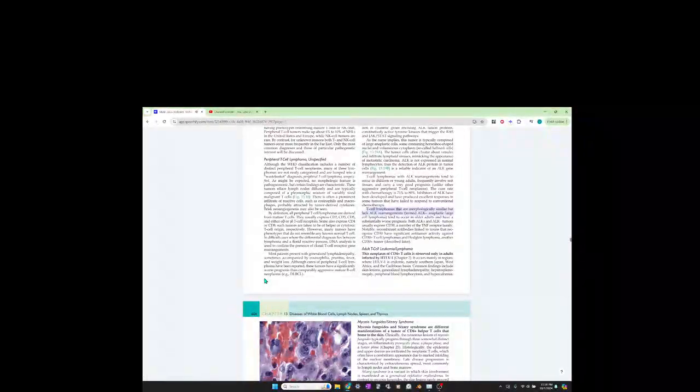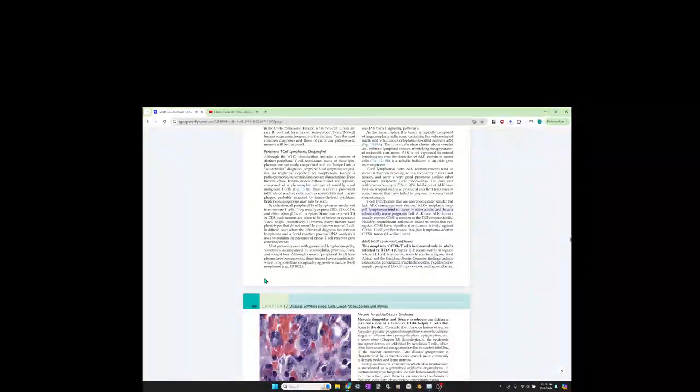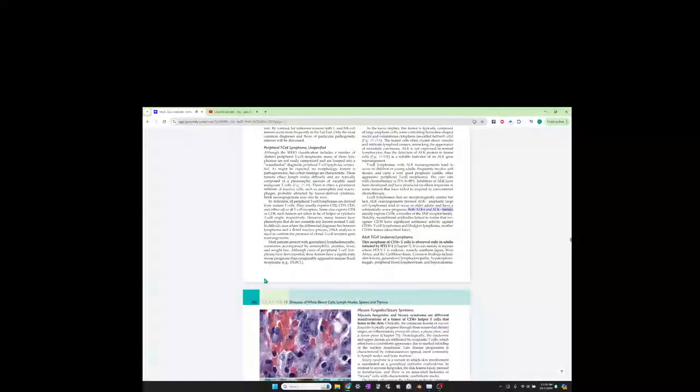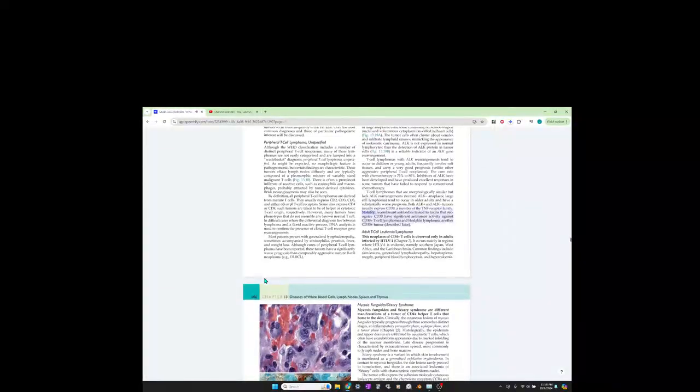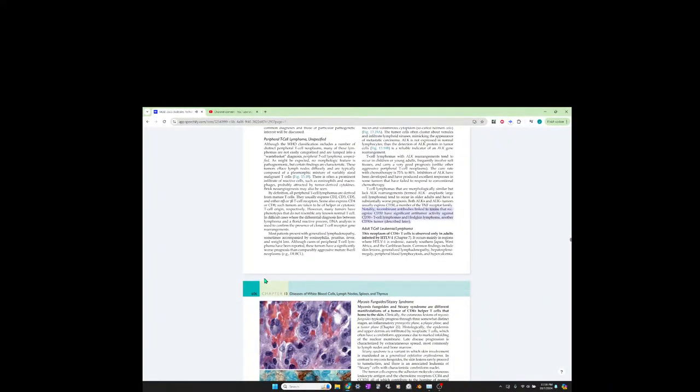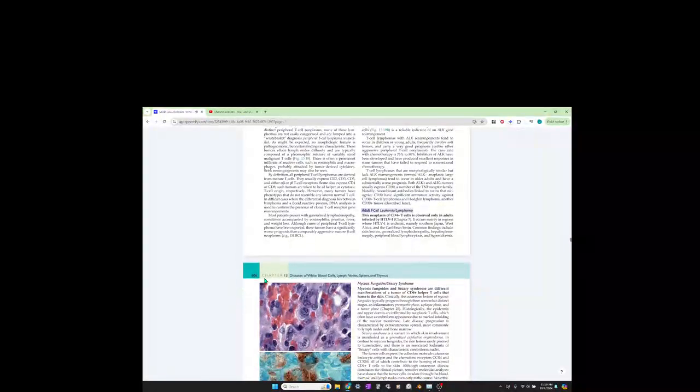T-cell lymphomas that are morphologically similar but lack ALK rearrangements, termed ALK-negative anaplastic large cell lymphoma, tend to occur in older adults and have a substantially worse prognosis. Both ALK-positive and ALK-negative tumors usually express CD30, a member of the TNF receptor family. Notably, recombinant antibodies linked to toxins that recognize CD30 have significant anti-tumor activity against CD30-positive T-cell lymphomas and Hodgkin lymphoma, another CD30-positive tumor. Adult T-cell leukemia lymphoma.